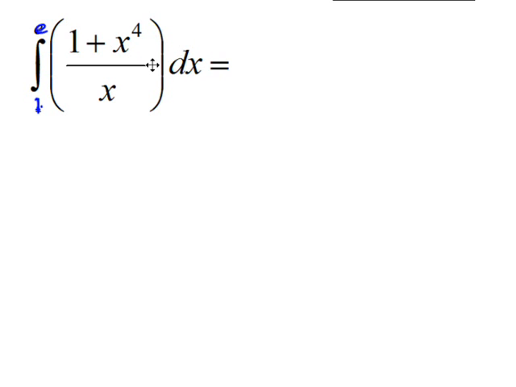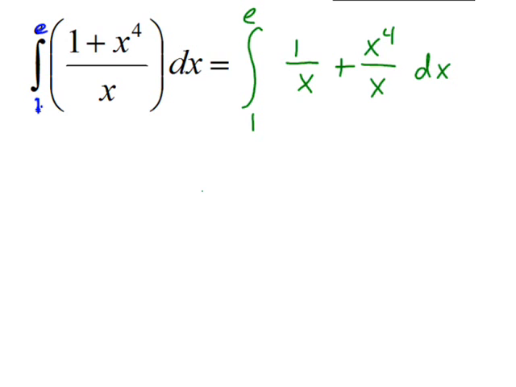So I need to think of a function whose derivative gives me 1 plus x to the fourth over x. Uh-oh. I don't know anything that just gives me that. So then I think, okay, well, what can I do? I need to start thinking algebra tricks. So I'm going to go ahead and say, well, I can break this up. And I can write it as 1 over x plus x to the fourth over x dx.